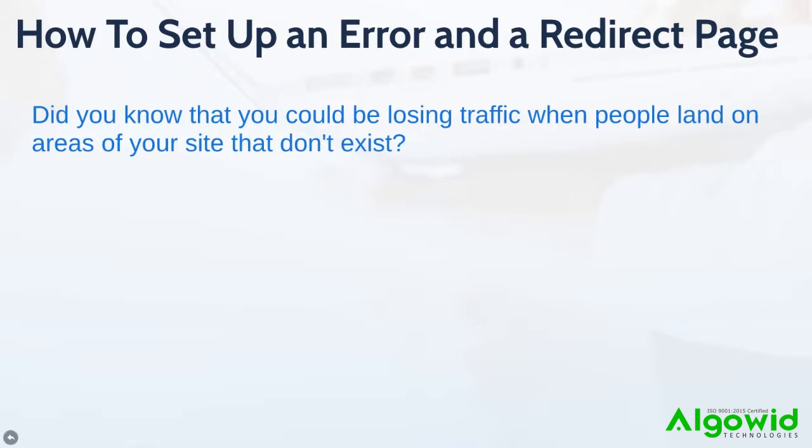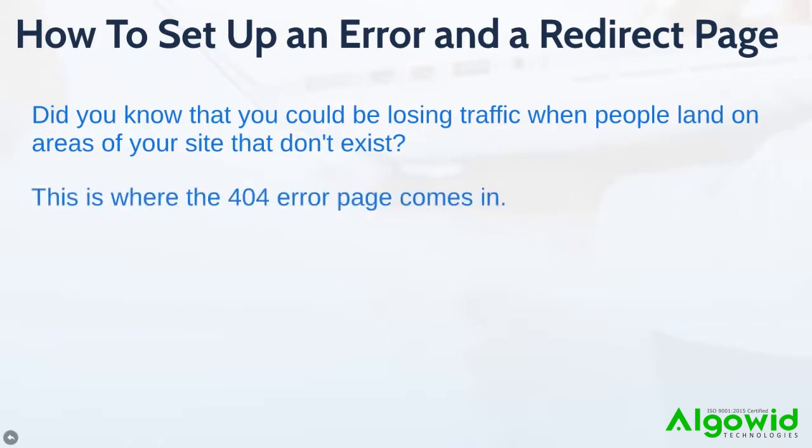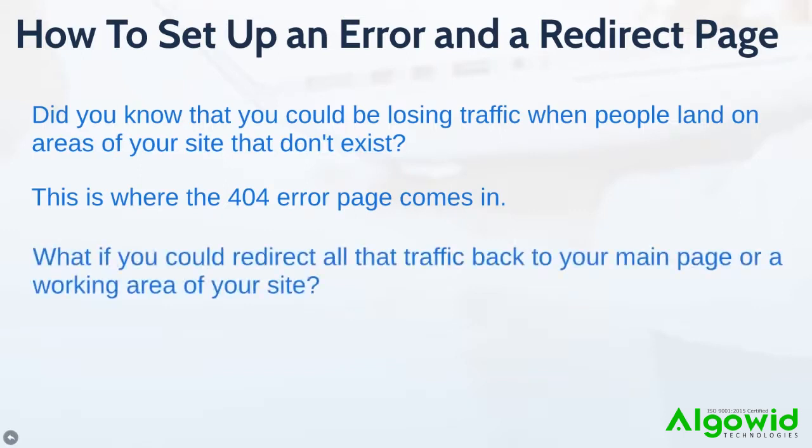Instead, you want people to be redirected to either a page that actually works or a specific page that you want all the traffic to be redirected to. And this is where the 404 error page comes in. Fortunately, on the cPanel hosting panel, you can specify where you want all this traffic to go.